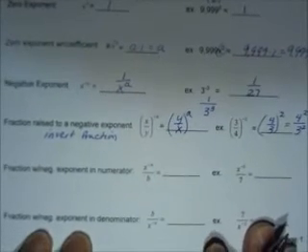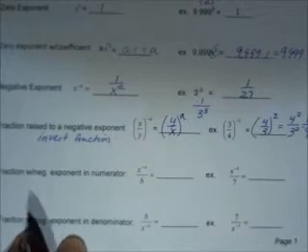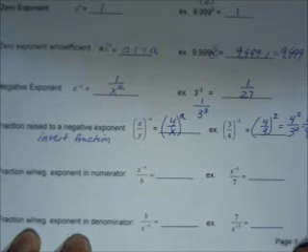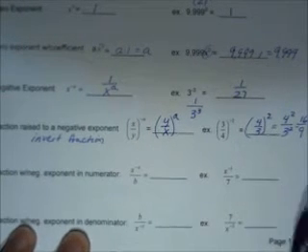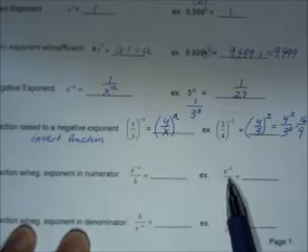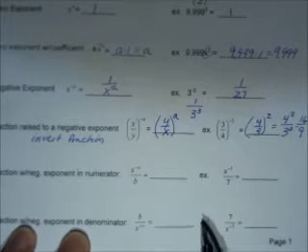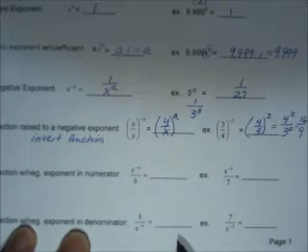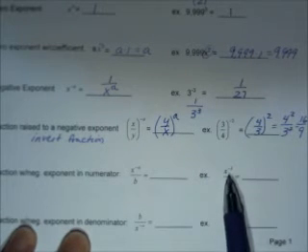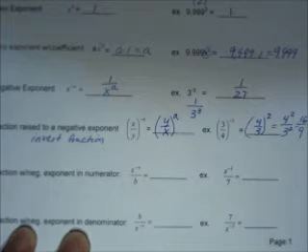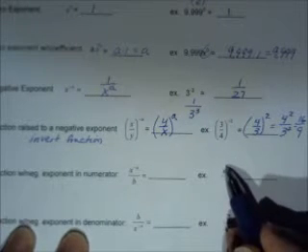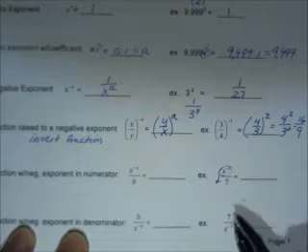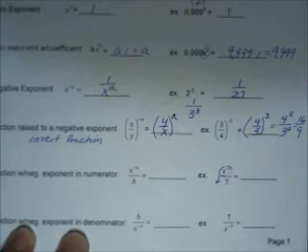Next, a fraction with a negative exponent in the numerator. Okay, let's look at the example. If I have this x to the negative 3 divided by 7, so I have in my numerator x to the negative 3. I'm going to take this and put it down in the denominator, right? Because it has a negative exponent.